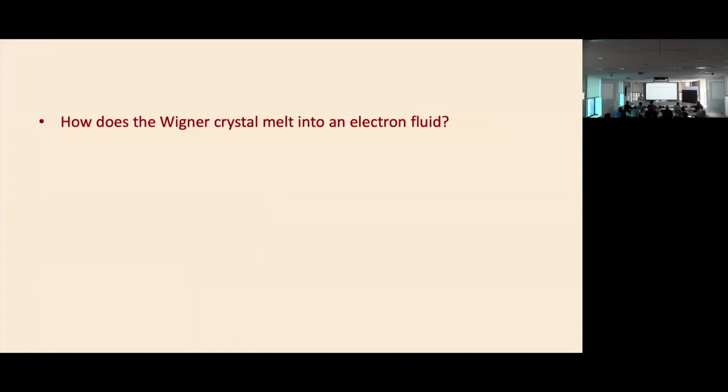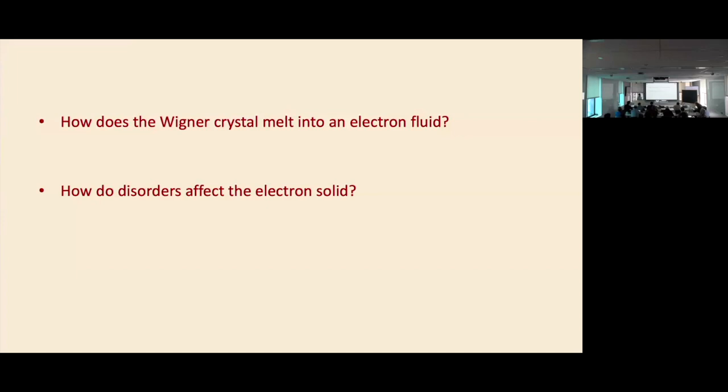But there are still a lot of outstanding questions regarding the electron solid, or the Wigner crystal. One is, how does the melting happen when you go from the Fermi liquid to the Wigner crystal solid? The other is, for experimentalists, unavoidably there are disorders in real materials.